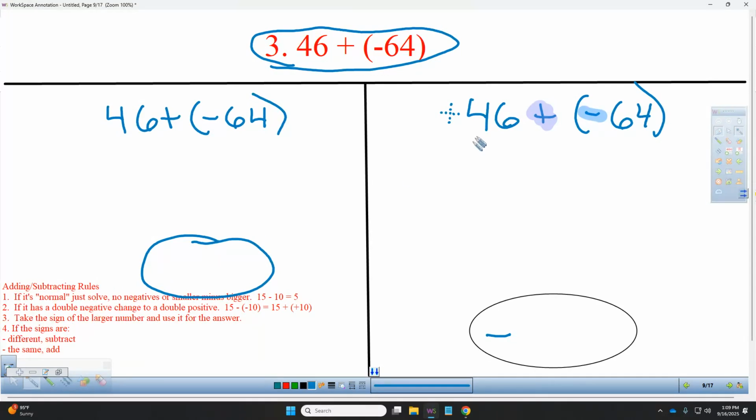Finally, step 4, signs were different, so we're going to subtract again. 64 minus 46. Again, everything that's written here should be written in the right-hand box. Everything you see here should be written down. We're going to borrow. 14 minus 6 is 8. 5 minus 4 is 1, so we get negative 18 for an answer.